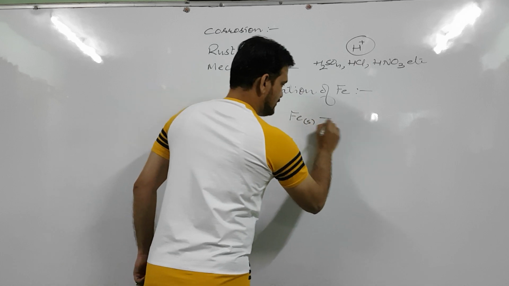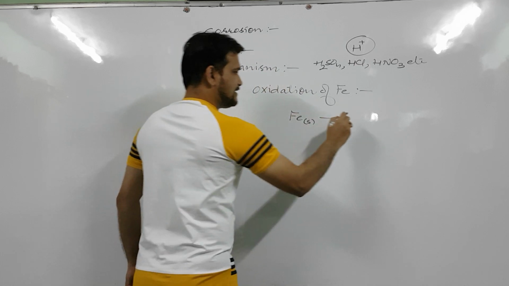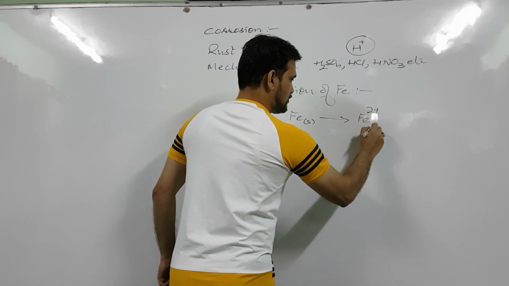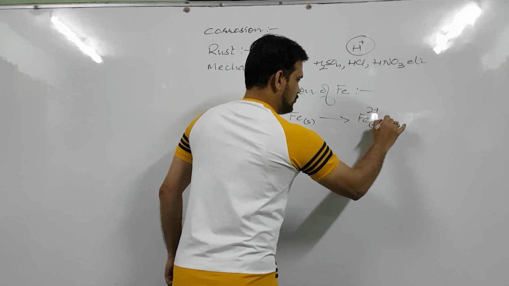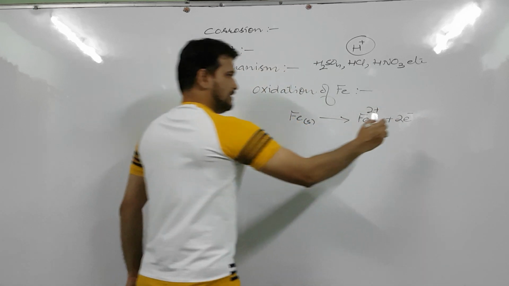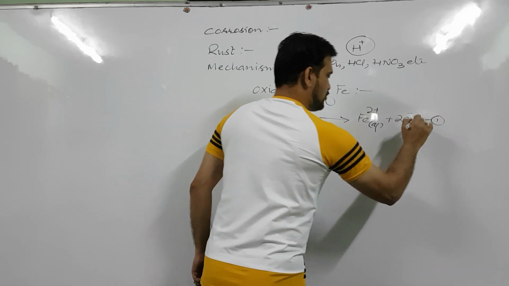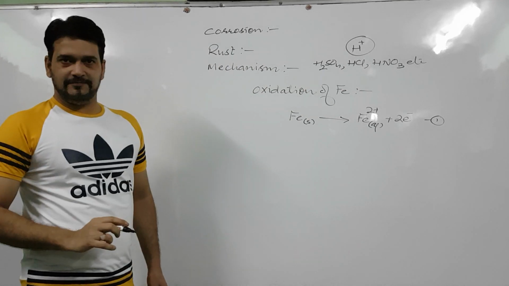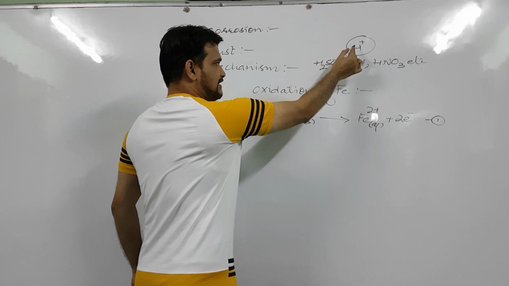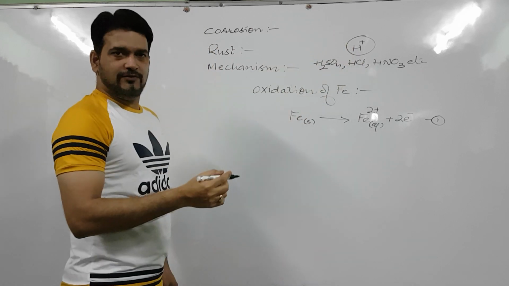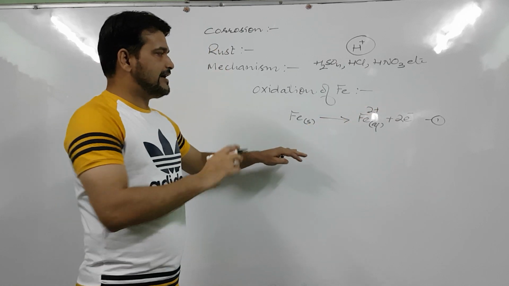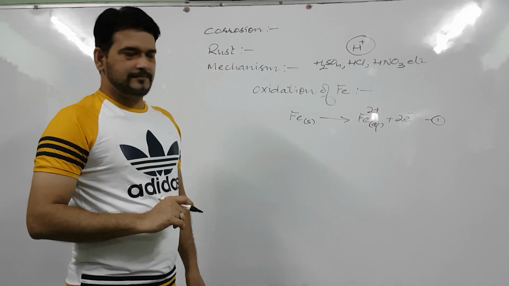Solid iron undergoes oxidation and it becomes Fe2+ aqueous plus 2 electrons. This is the oxidation half reaction. And then these H positive ions present in rainwater gain these electrons and ultimately water is produced.